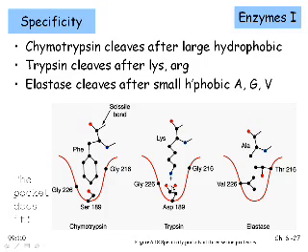Lysine and arginine both have pretty large side chains, but they also have side chains with a full positive charge on them. And when we look at the bottom of the specificity pocket, we see an aspartate in there with a negative charge. And so that negative charge makes an electrostatic interaction with the positive side chains of the arginine or lysine, and therefore trypsin has a strong preference for that position in the peptide.